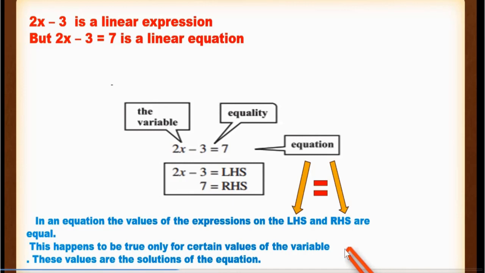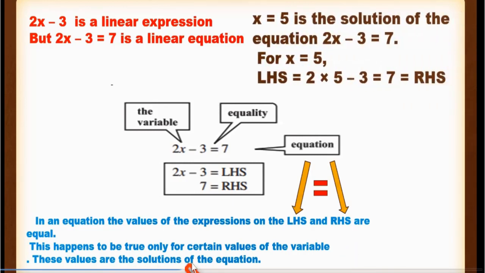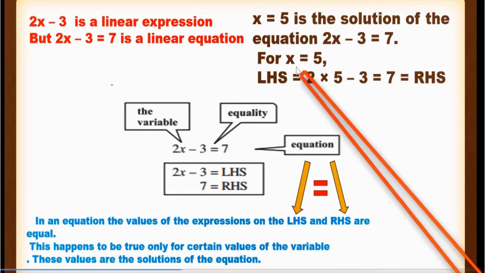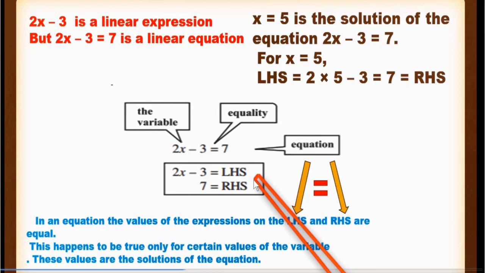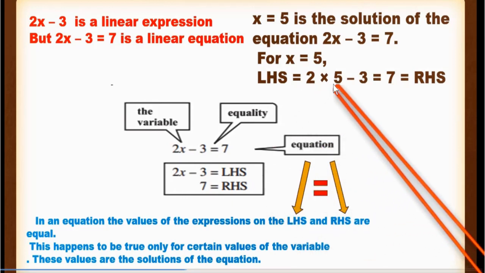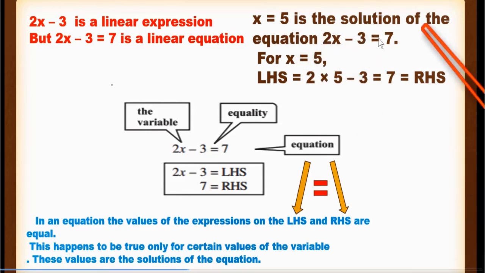Now, what is the solution of the equation? For a certain value of x, if LHS and RHS are equal, then that value of x is called the solution of the equation.